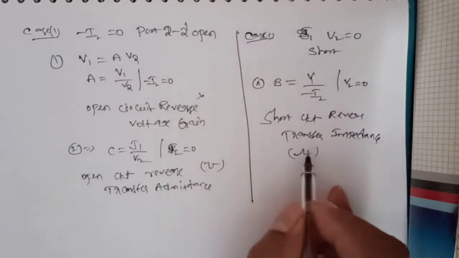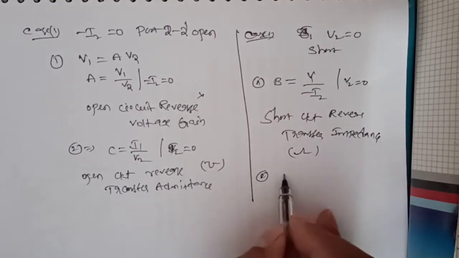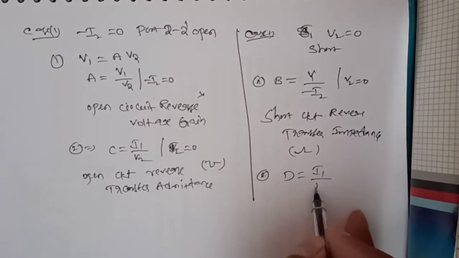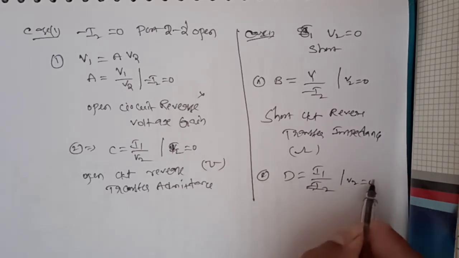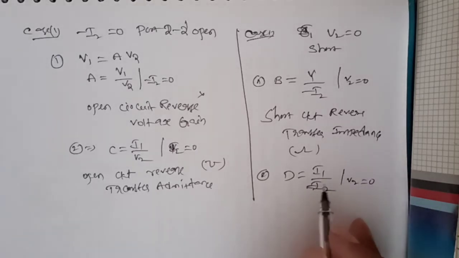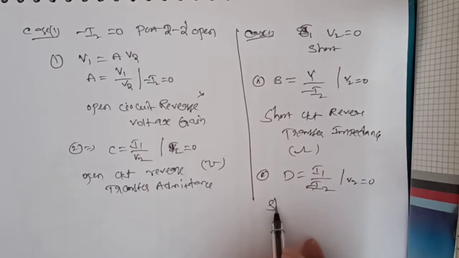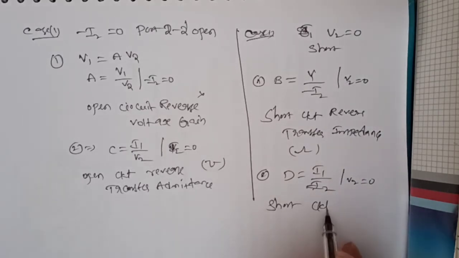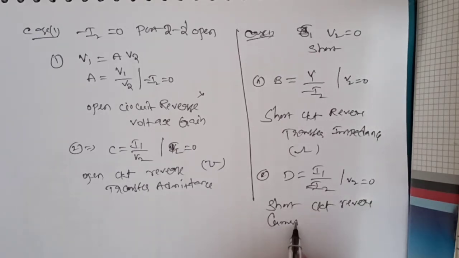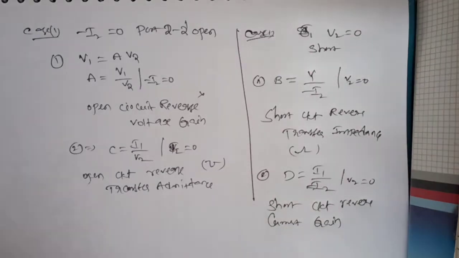The unit is ohm. And next by using the second equation, we get D equal to I1 by minus I2, where V2 equal to 0. I1 by I2 we can call reverse current gain. That's why the name of the parameter is short circuit reverse current gain.